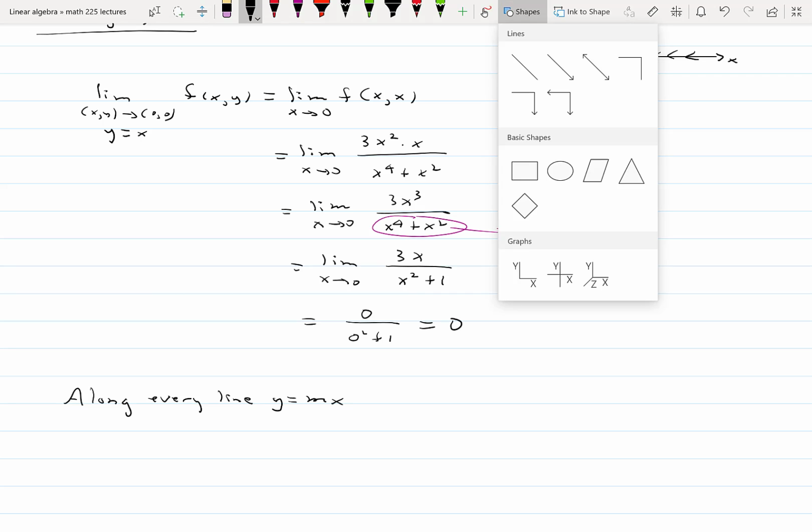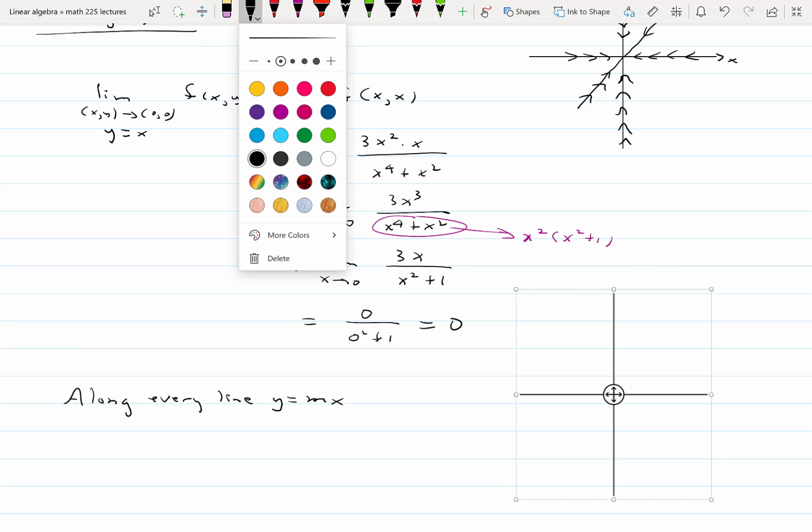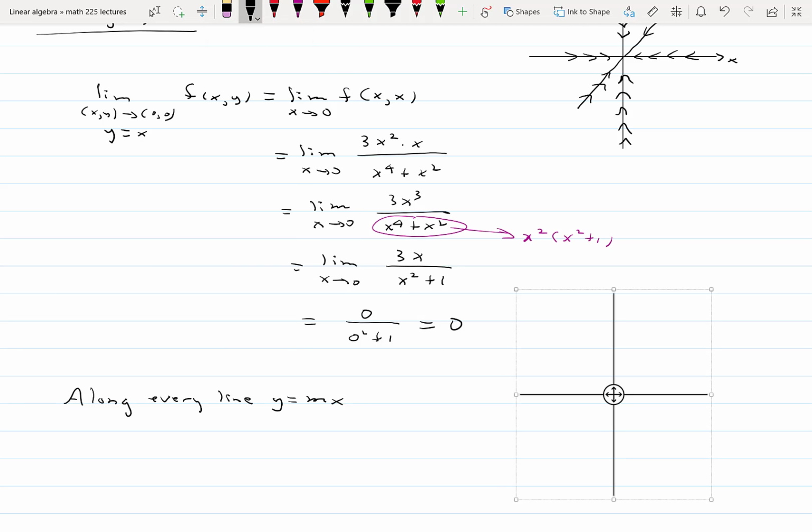So what this is saying is I'm going to consider every single line except for one that passes through the origin. I want to let x and y approach 0 along almost every single line.